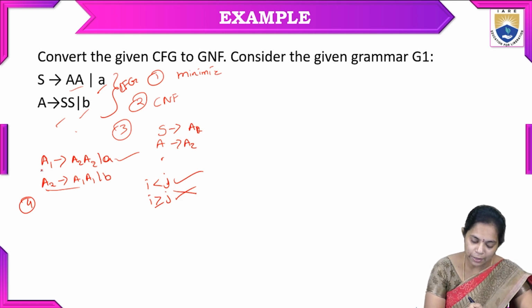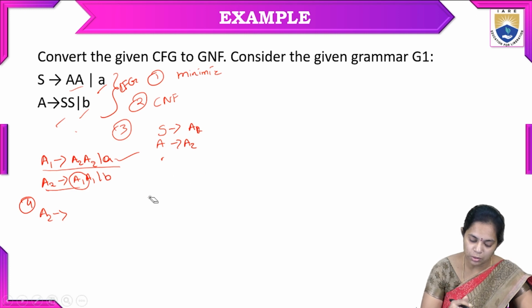We will write the production rule A1 as this, and we will take A2, and here we will substitute this A1 value in this production rule. So here A1 tends to A2, A. We have to substitute this one. So A2, and A1.